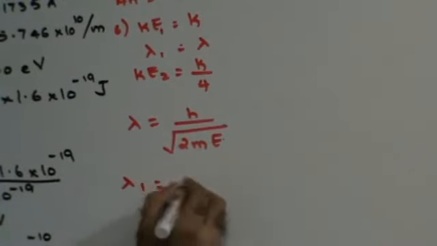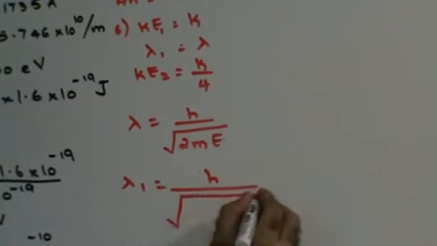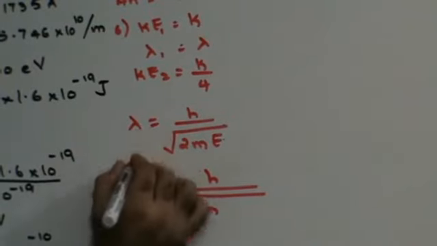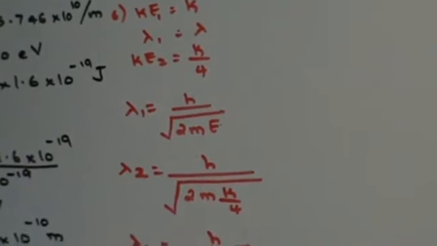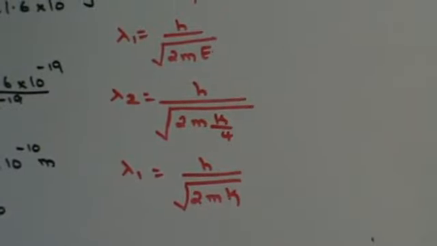Lambda 1 will be h upon square root of 2m. What is the kinetic energy given to you? Let's call this lambda 1, let's call this lambda 2. What is the kinetic energy given to you as K by 4, right? And in the case of lambda 1, this was h upon square root of 2m, with kinetic energy given to you as K. So in that case, divide equation 1 and 2.